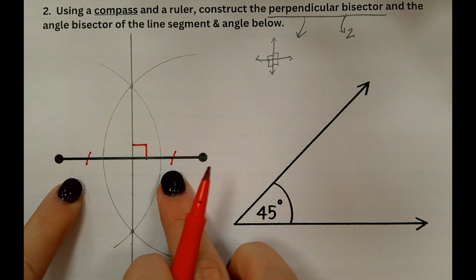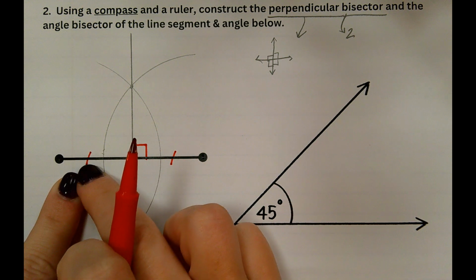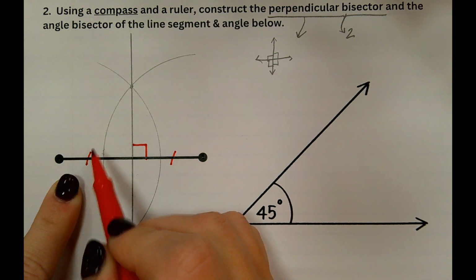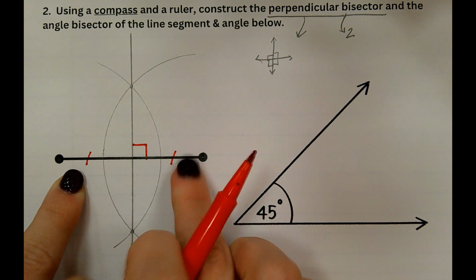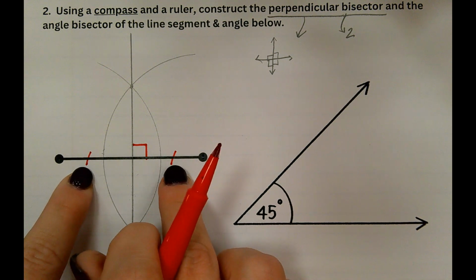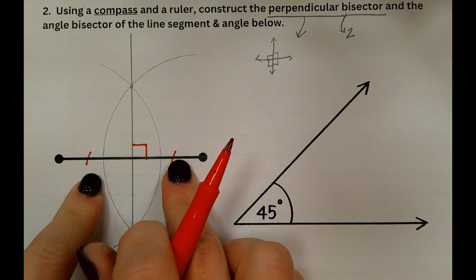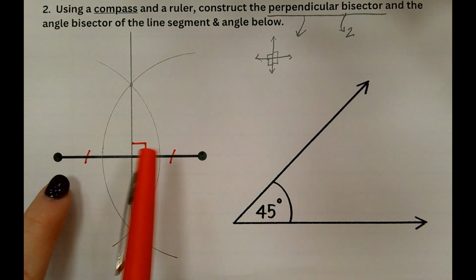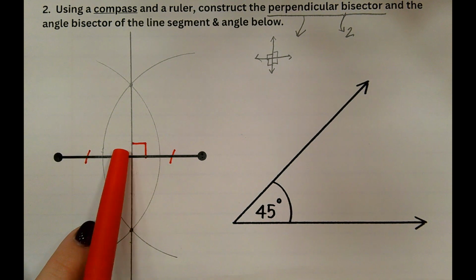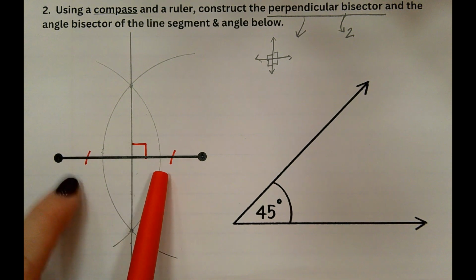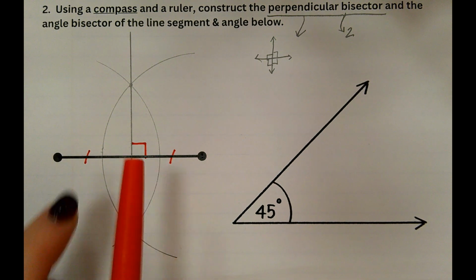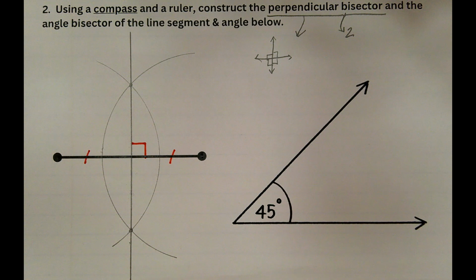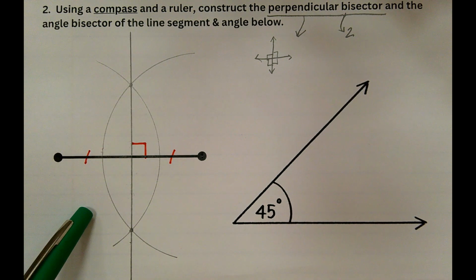These are called tick marks. In geometry, whenever you see a tick mark on the same spot somewhere, it just means that they are the same or they are congruent. Okay. So your perpendicular bisector needs to have a box and it needs to have the tick marks. Once you've got those, you're good to go. Any questions about this one?